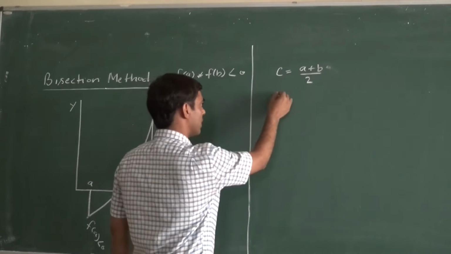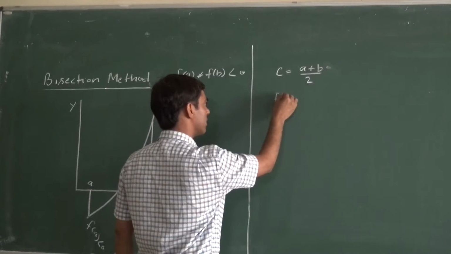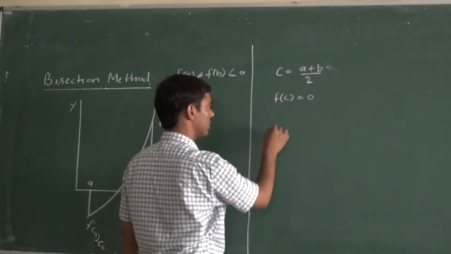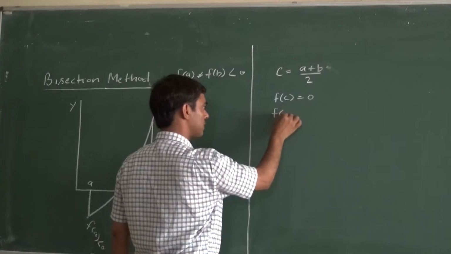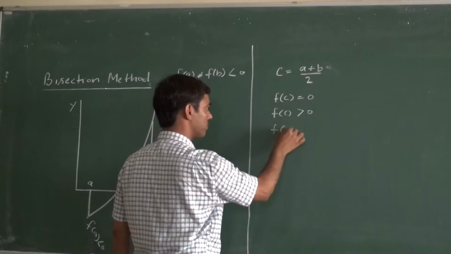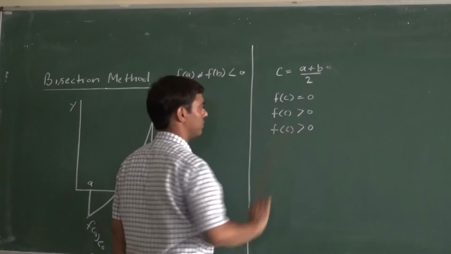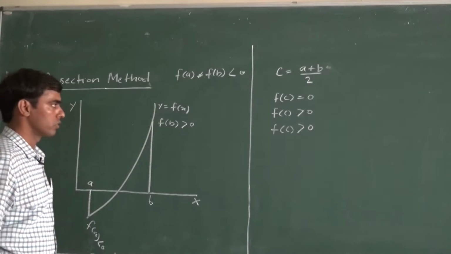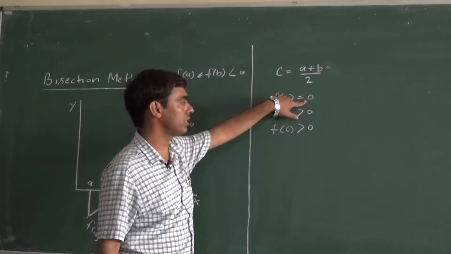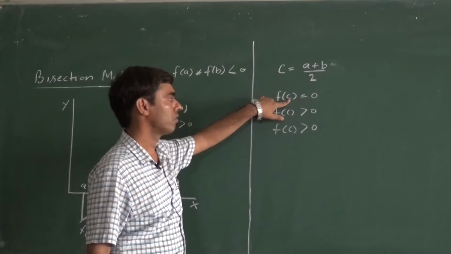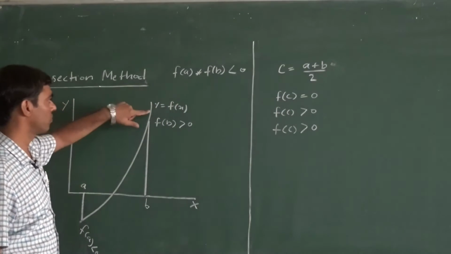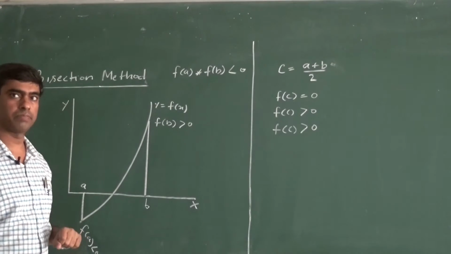The possibilities are either f(c) equal to 0, or f(c) greater than 0, or f(c) less than 0. So there are three possibilities. If f(c) equals 0, then we conclude that c is a root of y equals f(x).